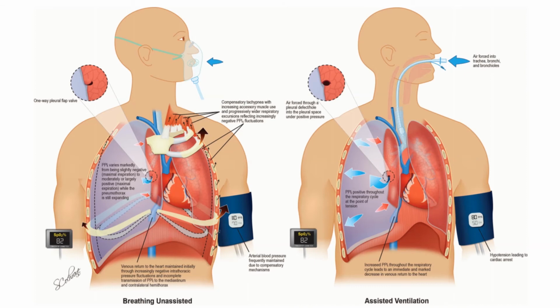with positive pressure ventilation. In the unassisted patient, the main difference is that they will have a low SpO2, but their cardiac output and their blood pressure will be maintained. So they will present with hypoxia without hypotension, at least originally, and this is because the patient is able to compensate on the contralateral side of the pneumothorax.